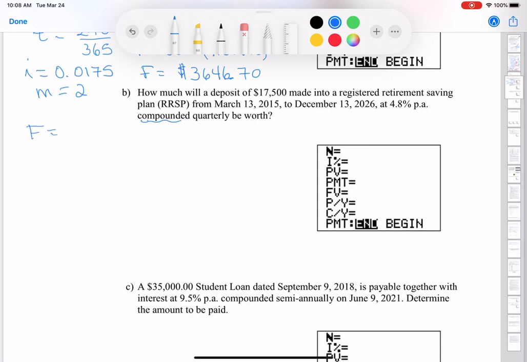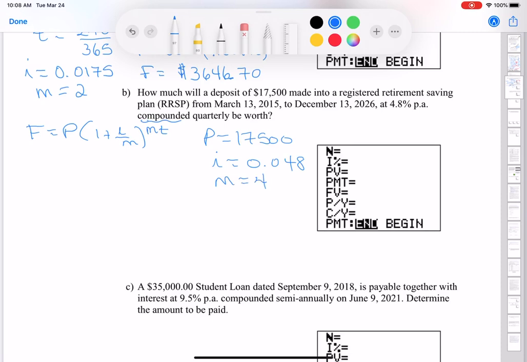I can write down my compound interest formula and identify all the variables we've been given. We're starting with a present value of 17,500 and an interest rate of 4.8%, so as a decimal it's 0.048. We're compounding quarterly, so m is equal to 4.